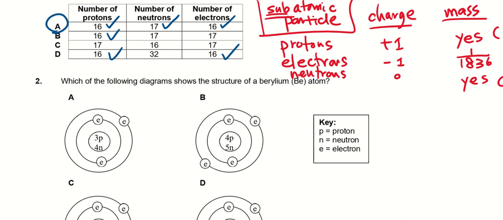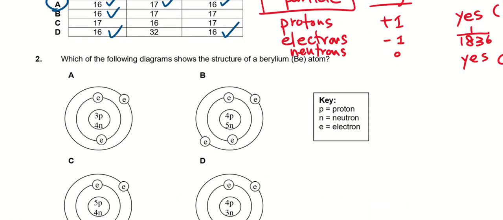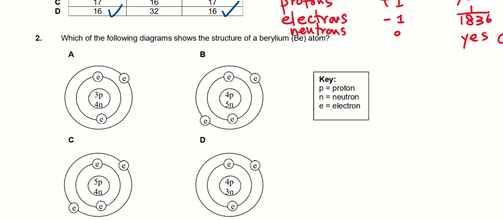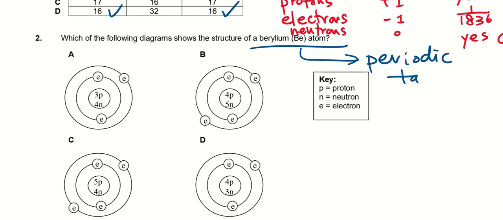Luckily the second MCQ we can also do. Which one? So beryllium, what is the number on top? What is the number below? 9, about 9.